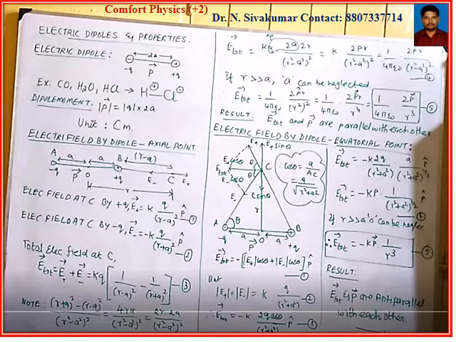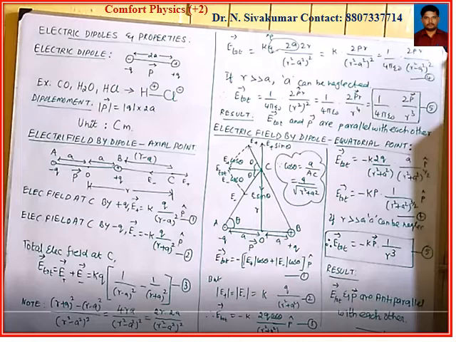Now we are going to substitute the cos theta value. Therefore, the formula becomes minus k 2q divided by r square plus a square into a divided by root of r square plus a square, or r square plus a square whole power 1 by 2. Now add the powers at the denominator. Therefore, r square plus a square whole power 3 by 2.